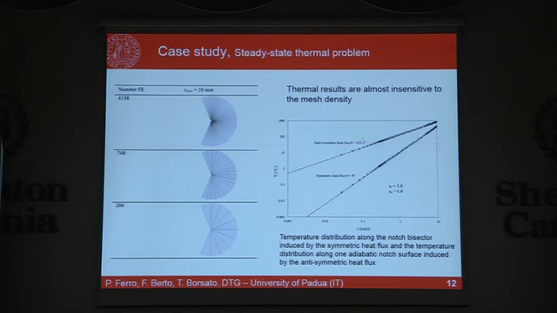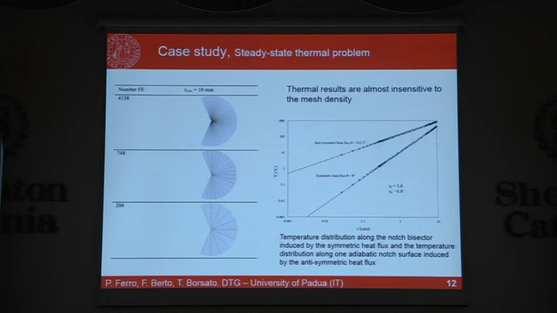But what is most important is that the temperature distribution is almost mesh independent. The continuous line is the temperature distribution obtained with the finest mesh at the top of this table, while the circles are the solution of the nodal temperature obtained with the coarse mesh at the bottom of this table. We have the same values, the same distribution of the temperature. It means that the temperature is almost mesh independent.